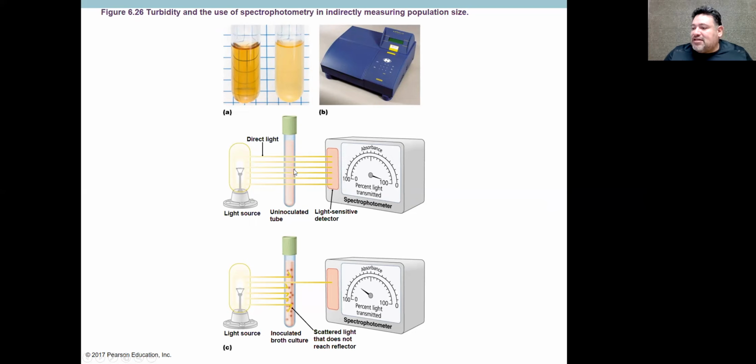The reason that this is important is because if you can build a standard curve, you can use a spectrometer to calculate the cell density and find out what the number is immediately. So spectrometers are very, very useful in microbiology because they can allow you to calculate the cell density quantitatively based on the turbidity of the liquid.